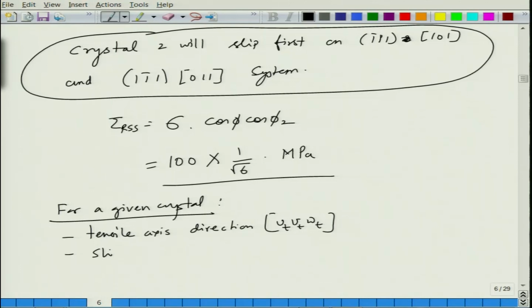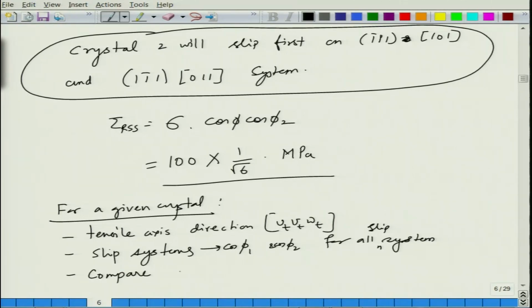Then you need to work out, for all the slip systems, phi 1 and phi 2, basically cos phi 1 and cos phi 2 for all the slip systems.